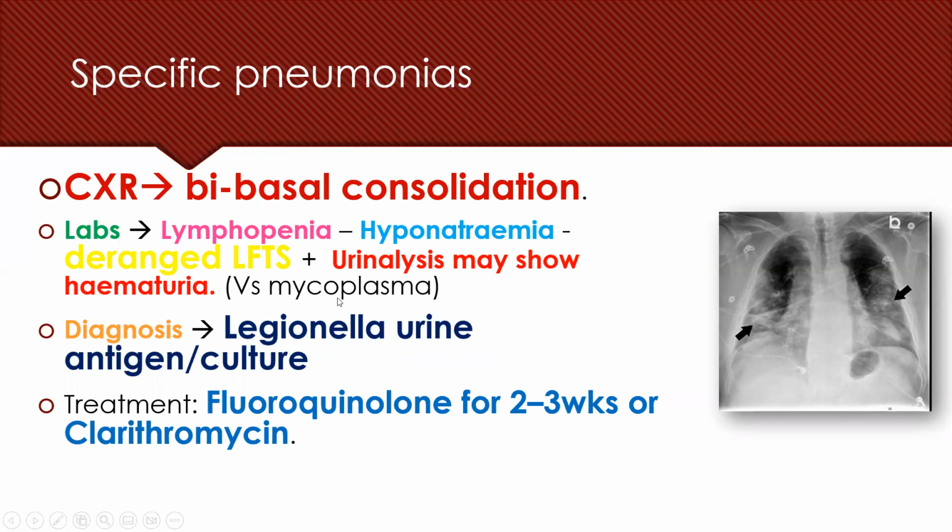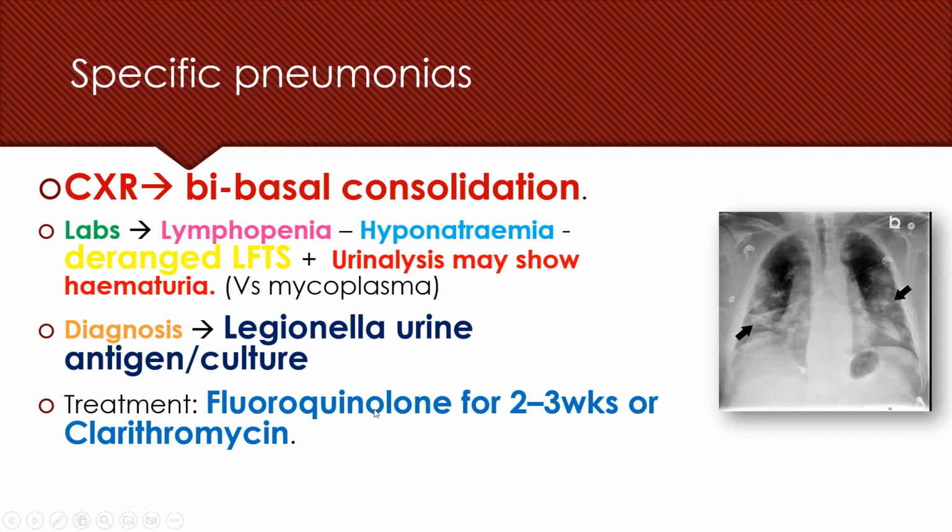But in mycoplasma, we do not have extrapulmonary manifestations, including hepatitis or renal impairment or confusion or coma, as we can see in Legionella infection. Diagnosis here again is different from other diagnostic tools used in pneumonia, and it includes Legionella urine antigen or culture.